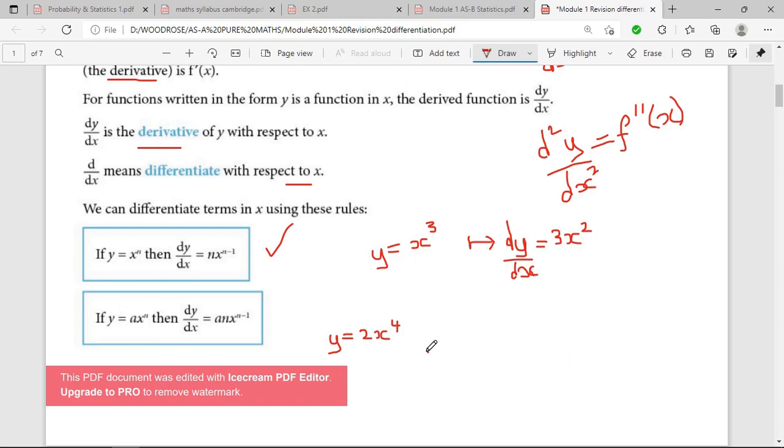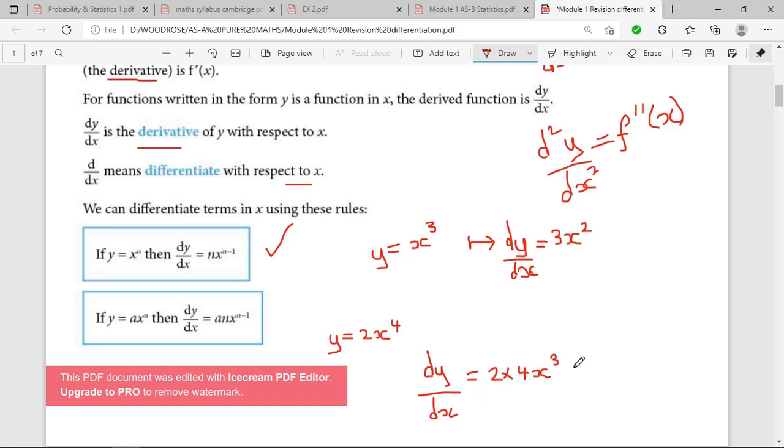So if you want to find dy dx, if we bring down 4 here, it will be 2 times 4. 2 and 4 are going to multiply, then for x we remain with the power of n minus 1, in this case 3.